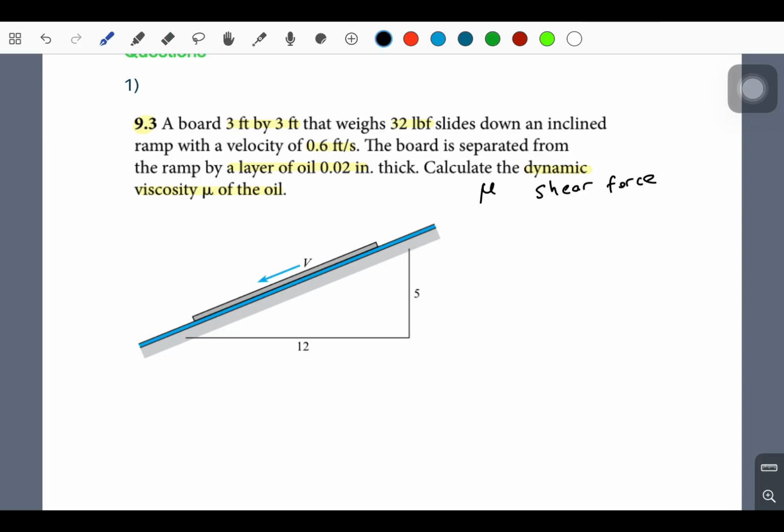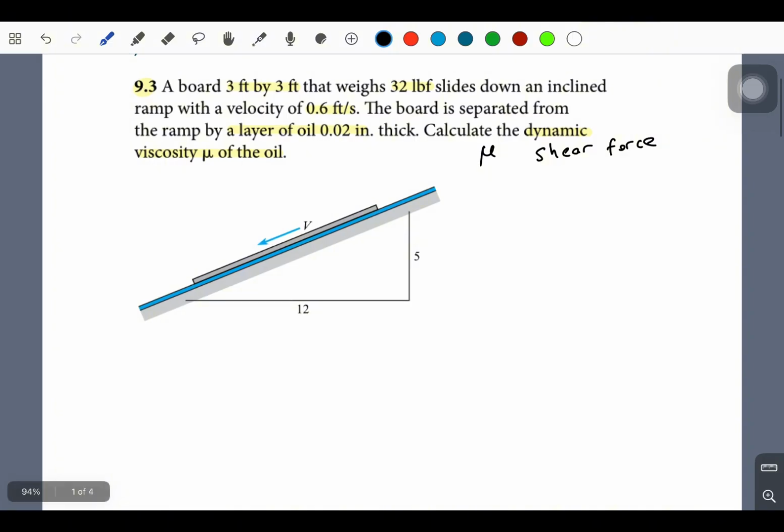So let's see what we have. First of all, of course, we will have weight, which is acting vertically. And because of this weight, we will actually have sinus component of this weight, because this is the direction of the movement.